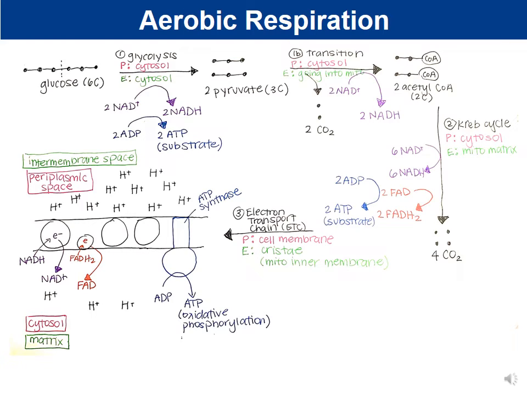So let's continue on with our diagram. Step number 3, we have on here our electron transport chain, right? Here's my electron transport chain. In prokaryotic cells, remember that this is going to be the cell membrane. In eukaryotic cells, this is the cristae, which again is the mitochondrial inner membrane. I went ahead and labeled both of these spaces depending on if it's prokaryotic or eukaryotic.